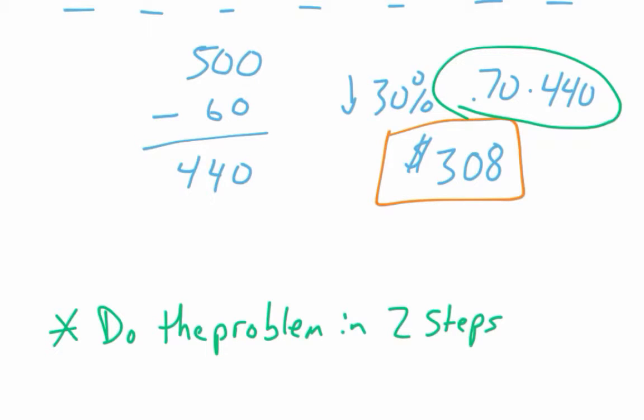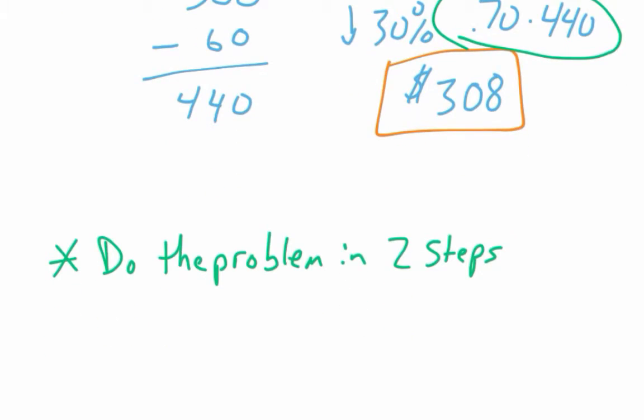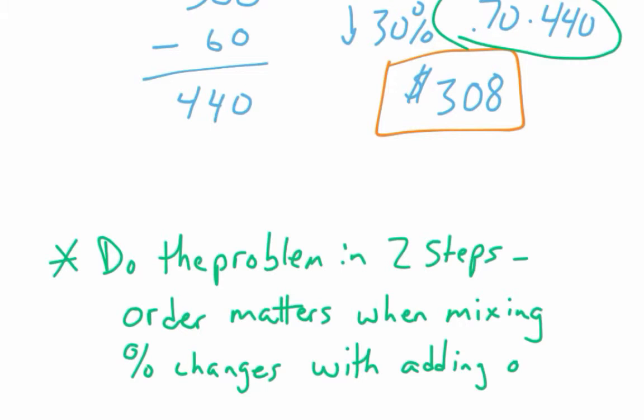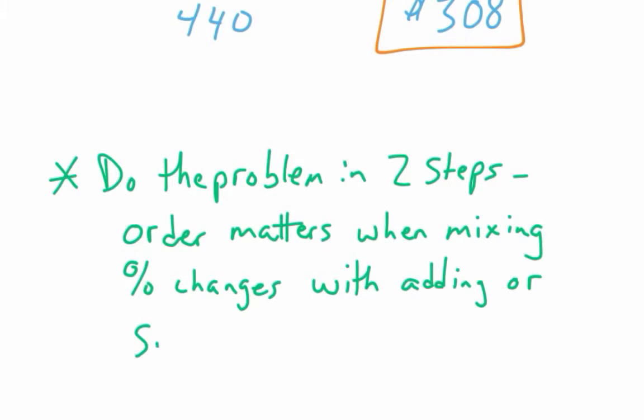So you should have that written right after your Roman numeral 1, and write order matters when mixing percent changes with adding or subtracting. Hopefully you can squeeze all that in there, or at least say order matters and just always do it in the order they gave you.